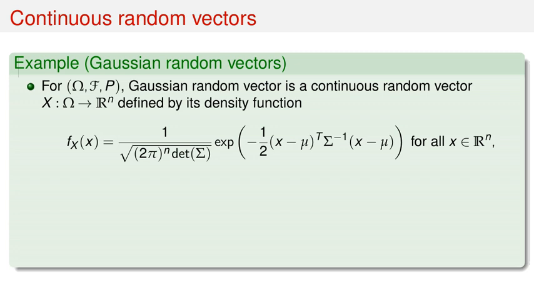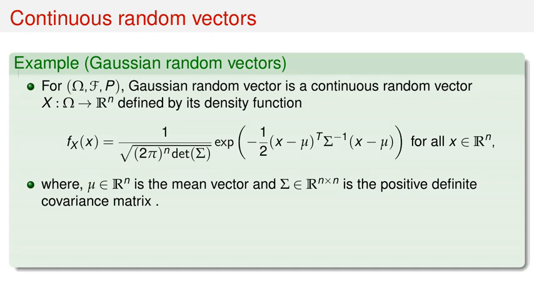For a probability space (Omega, F, P), a Gaussian random vector is a continuous random vector X from Omega to R^n defined by its joint density function f_X(x) equals 1 over the square root of (2 pi)^n times the determinant of Sigma, times e to the power of minus 1/2 times (x minus mu) transpose times Sigma inverse times (x minus mu), for all x in R^n.